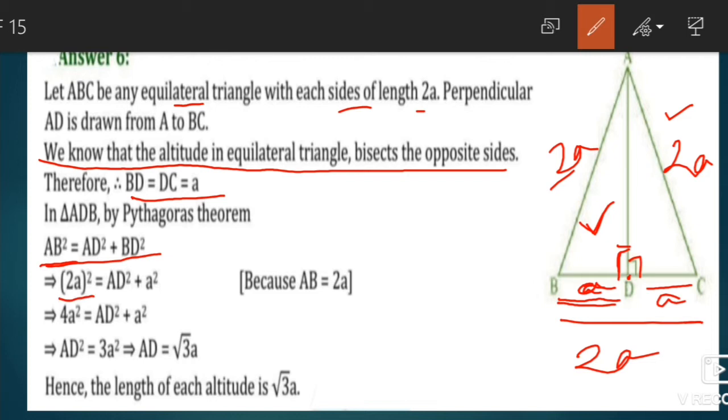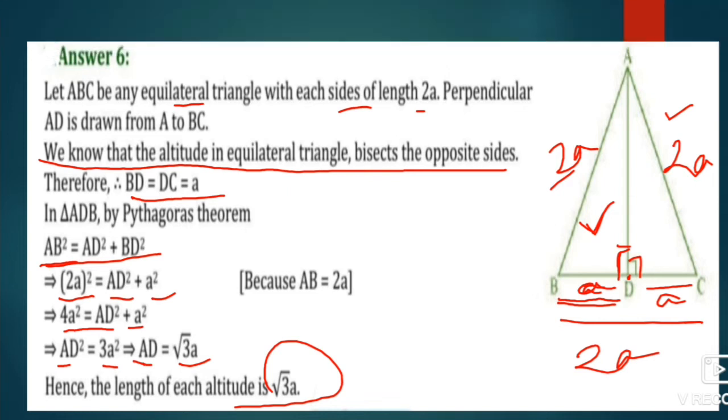So (2a) square equals AD square plus a square, that is 4a square equals AD square plus a square, so AD square equals 3a square, that means AD is equal to root 3 a. Hence the length of each altitude is root 3 a units. In this way you have to solve question number 6.